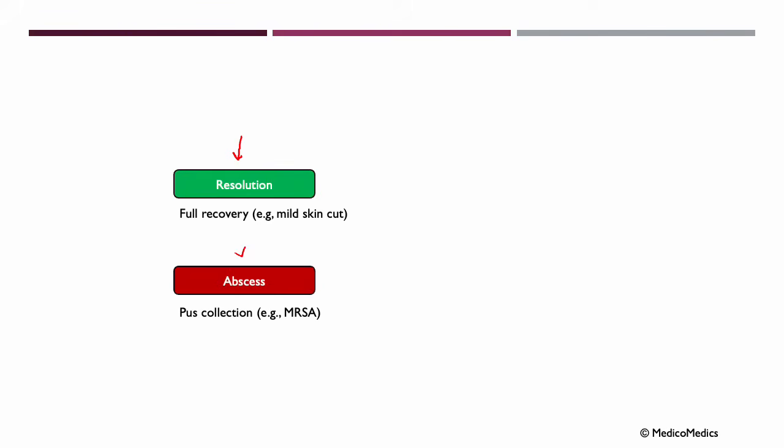A classic case is a staphylococcal skin infection or a lung abscess after aspiration pneumonia, for example. Abscesses are walled off, but not resolved by the immune system alone. They often require surgical drainage or antibiotics. So they illustrate how inflammation can contain but not eliminate infection.